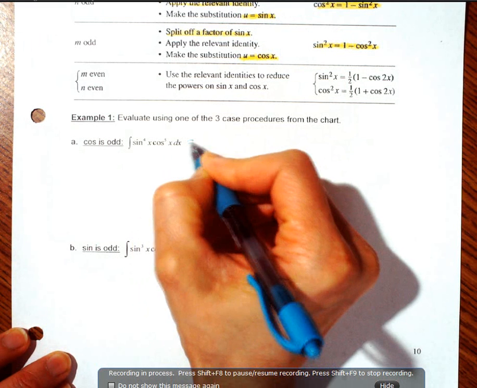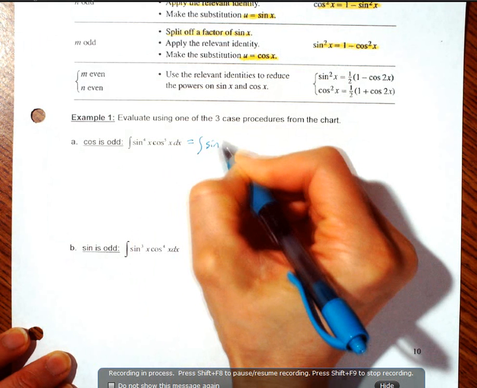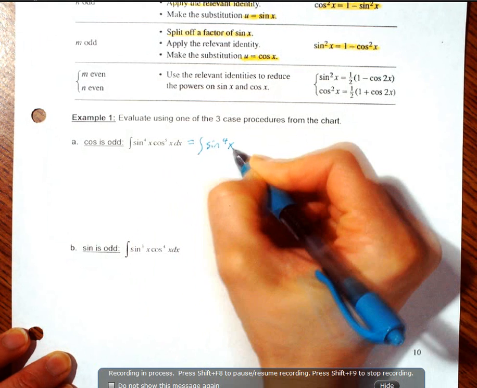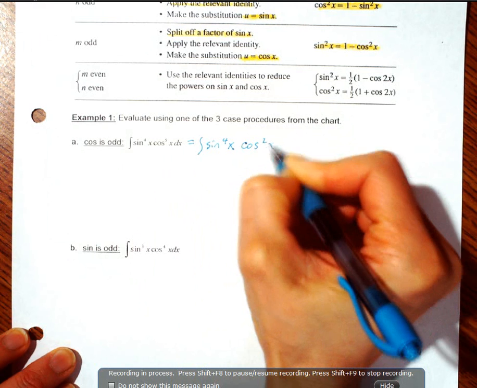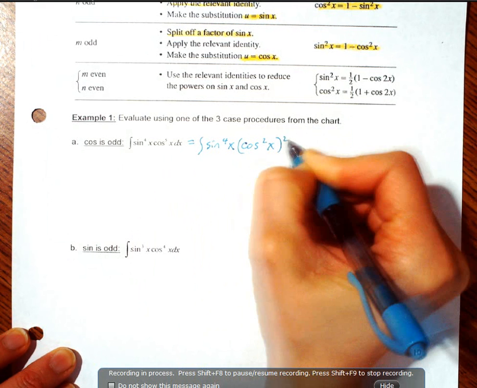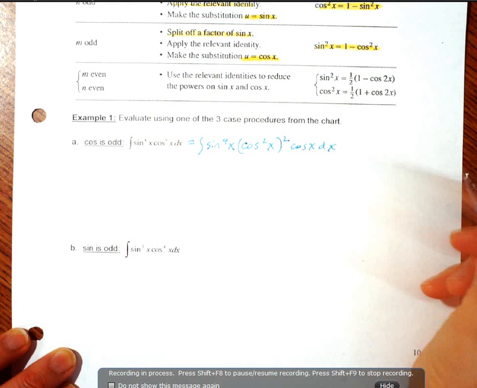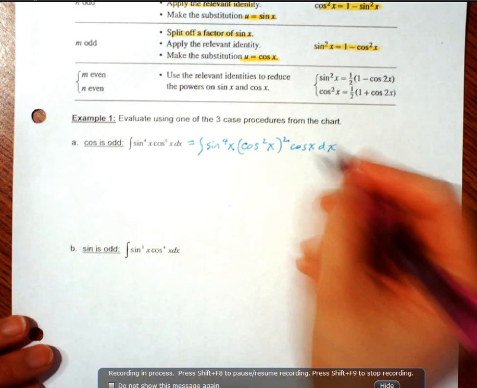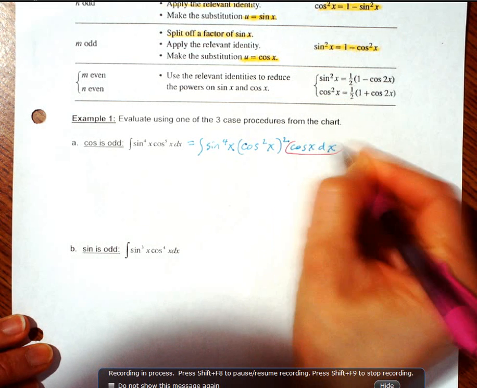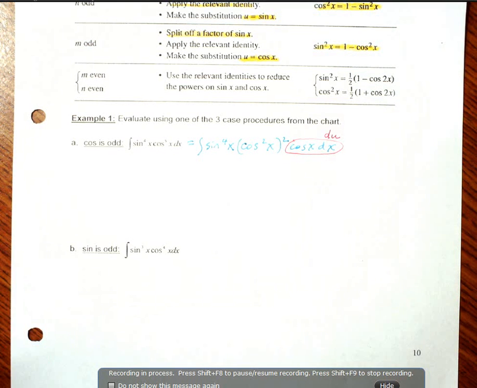Keep sine to the fourth x, and rewrite cosine to the fifth x as cosine squared x, squared, times cosine of x dx. You're saving this cosine of x dx, and eventually you'll call that a du using the u sub.